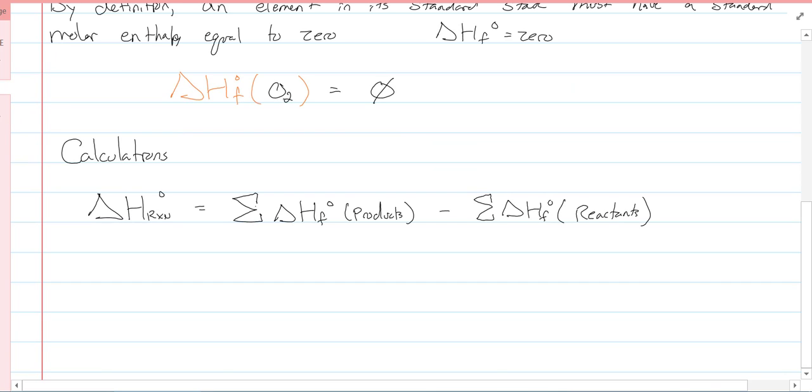So Fe, Hg liquid, O2 gas. Now O2 liquid would not have a delta HF equal to 0 because oxygen is not a liquid. Oxygen is a gas. Carbon solid. You have gold metal. But liquid gold has a delta HF because you have to add heat to gold to melt it.